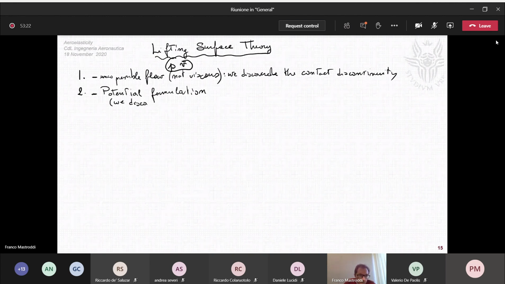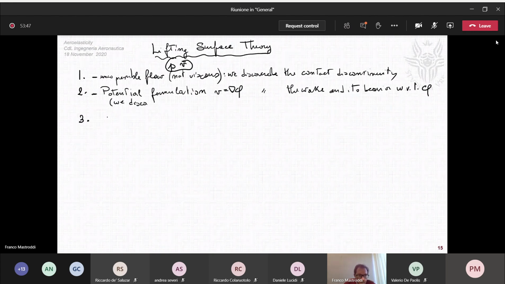In stage 2, we introduce the velocity potential, and we discovered the wake and its behavior with respect to phi.